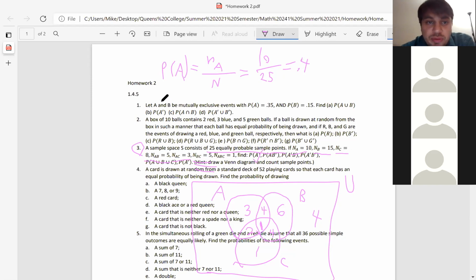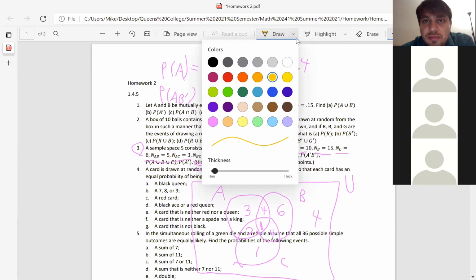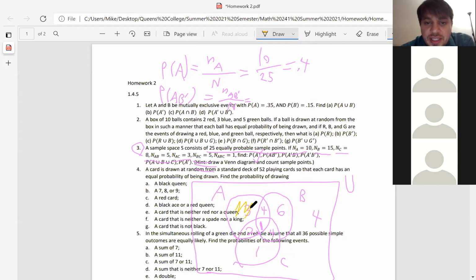The probability of AB prime would be the number of elements in the set AB prime divided by the total number of elements in the set. The elements in AB prime are in A and not in B. So you see that this is the part of A that's not in the circle B. So 3 plus 2 is 5.